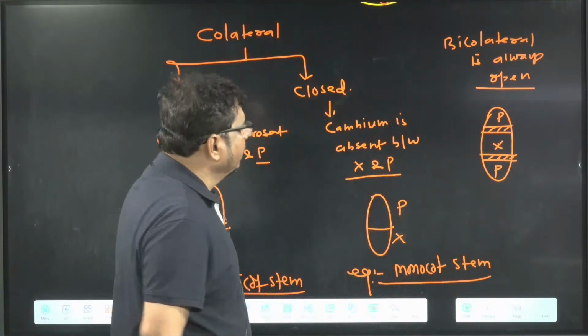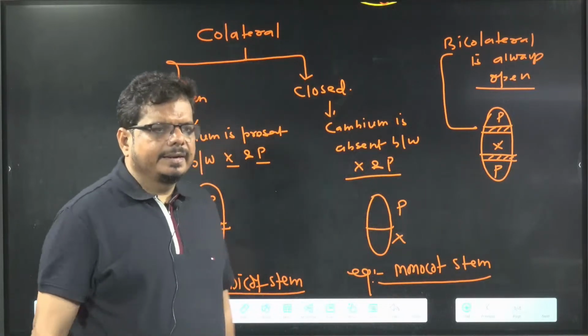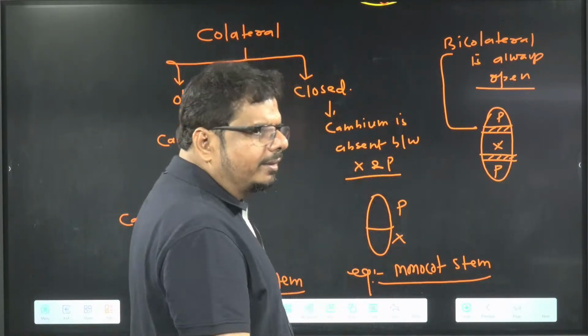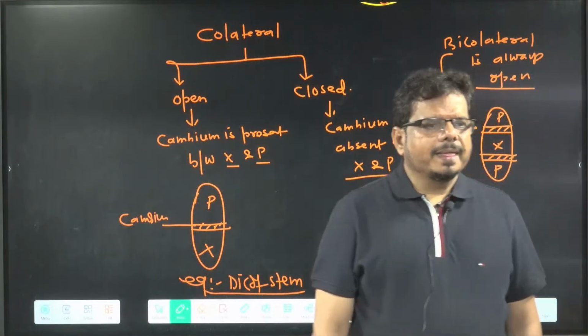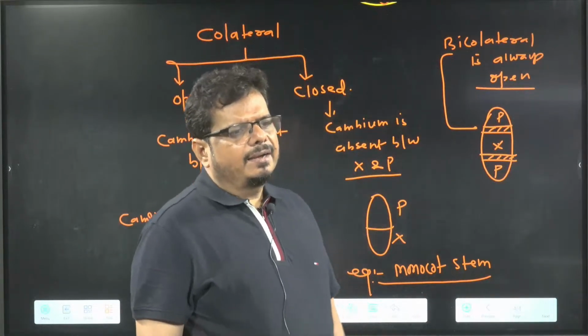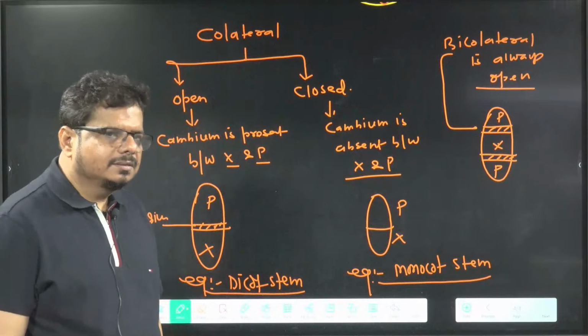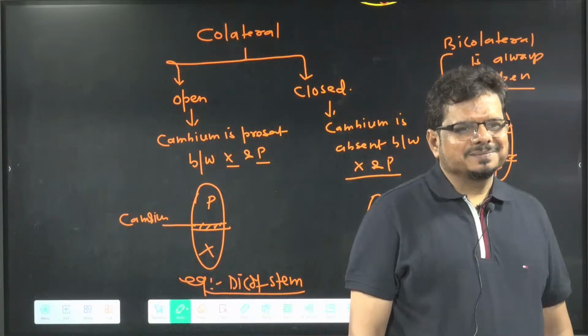This is which one? Bicollateral. Understand? Clarity came in the mind. Is it all right? So tissue system is over. Now after this, we are starting with anatomy of dicot root. Okay, ji, can we proceed?